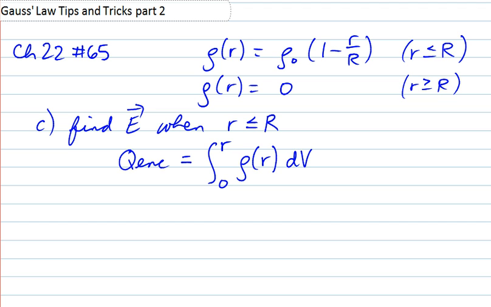And I'm not going to work through all the details of this integral. It's very similar to what I did in part 1, but what we find is that the enclosed charge is equal to 4q little r cubed over big R cubed minus 3q little r to the fourth over big R to the fourth.